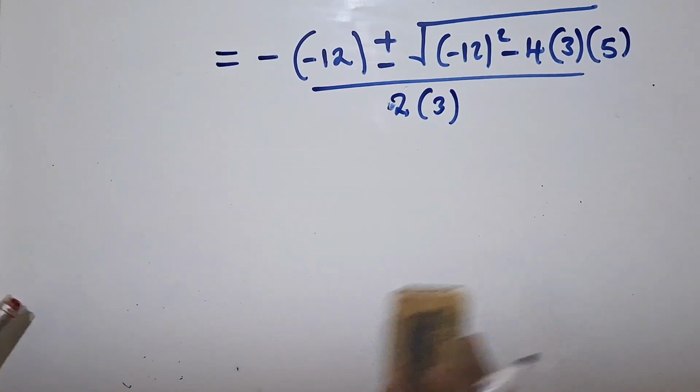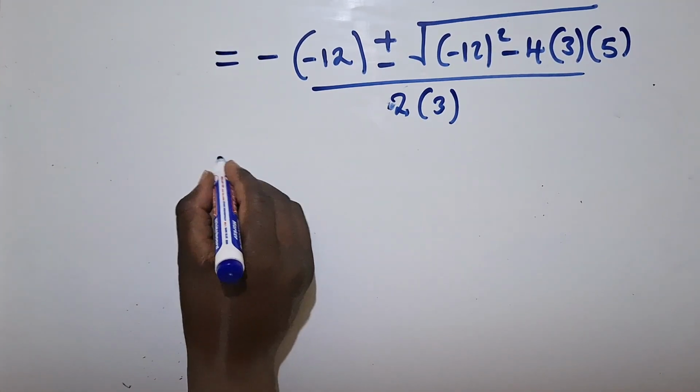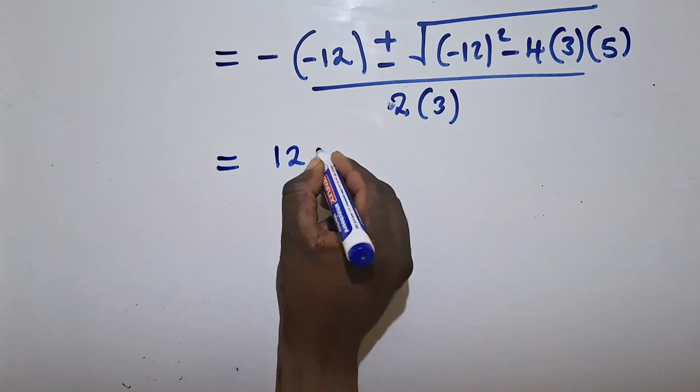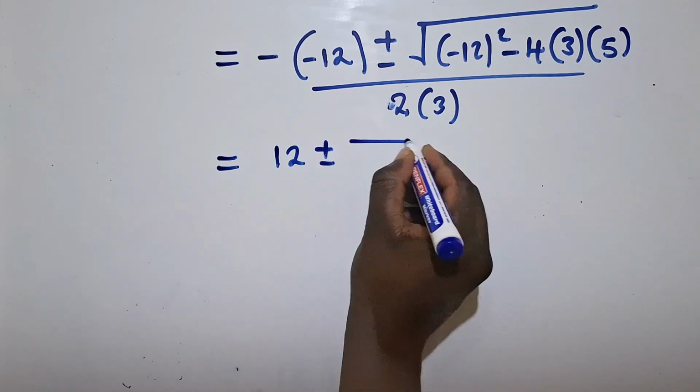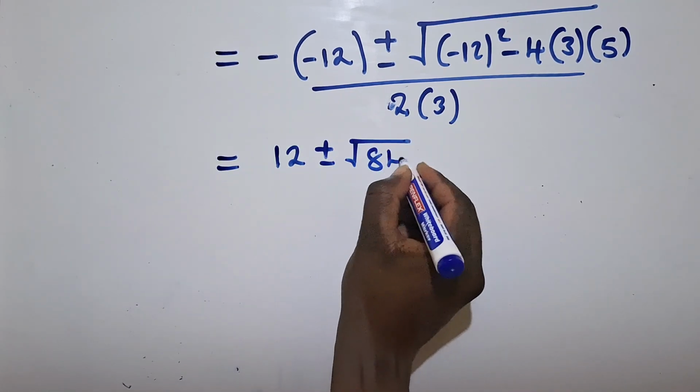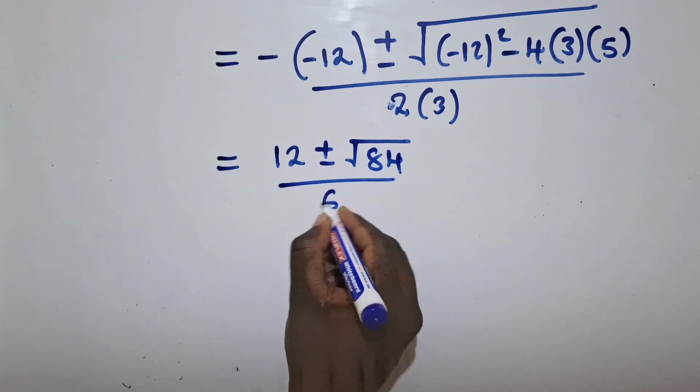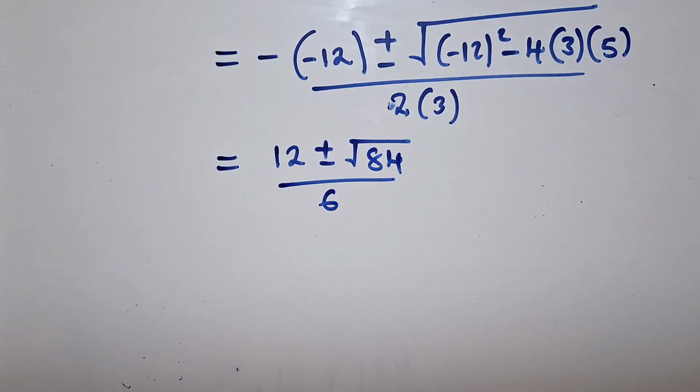So when we simplify here, we're going to get 12 plus or minus root over 84 over 6.